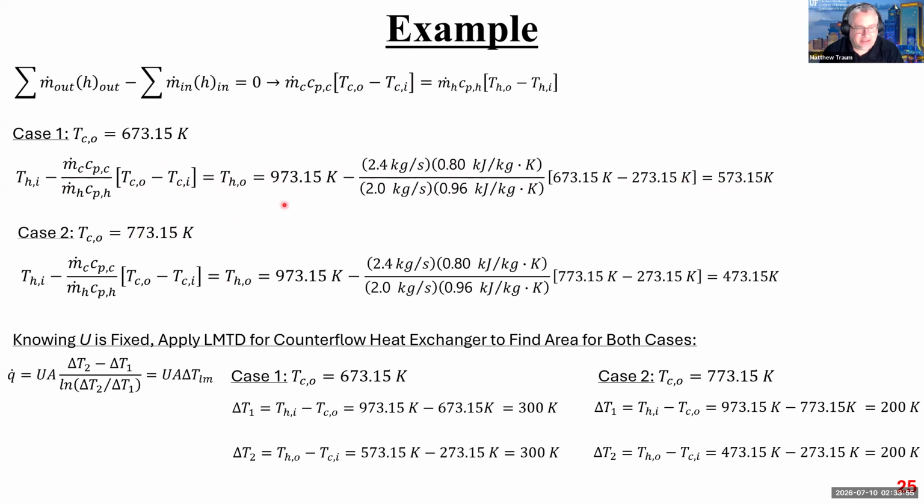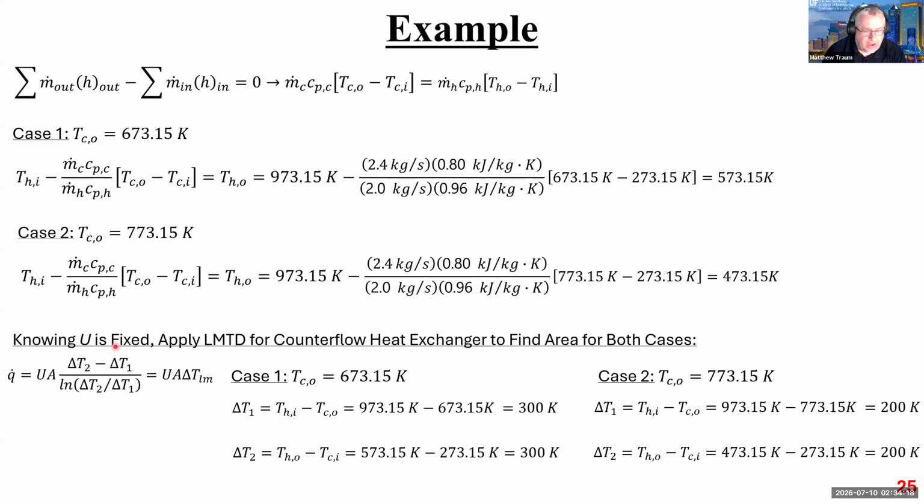And what pops out is that TH out for case one is 300 Celsius, 573 Kelvin. And for case two, where that outlet temperature is a little bit hotter, it pops out as 473.15 Kelvin. So 100 degrees colder than case one.